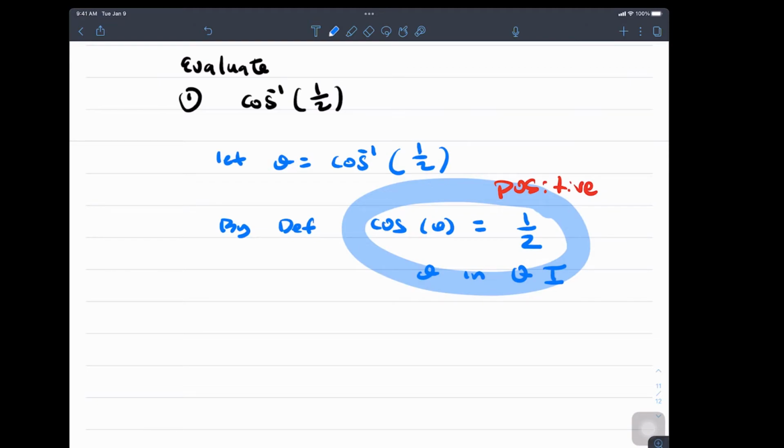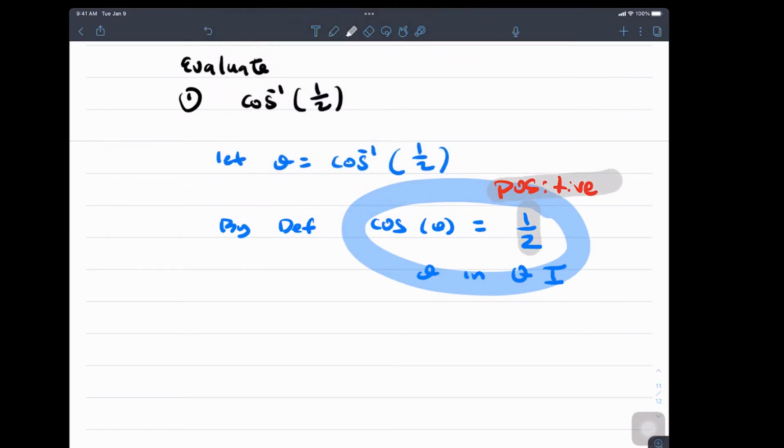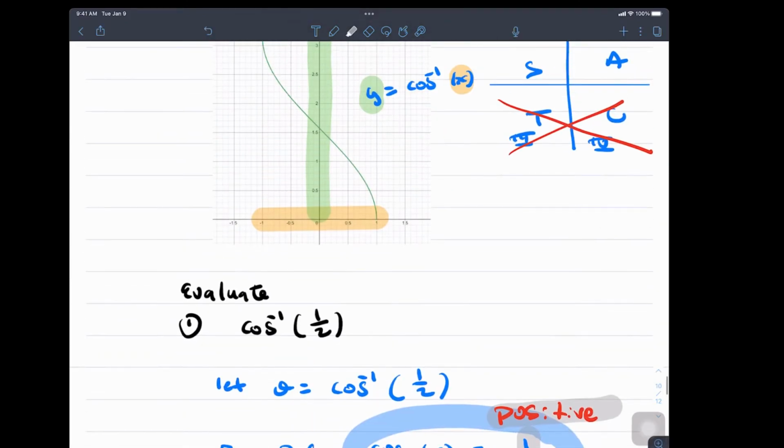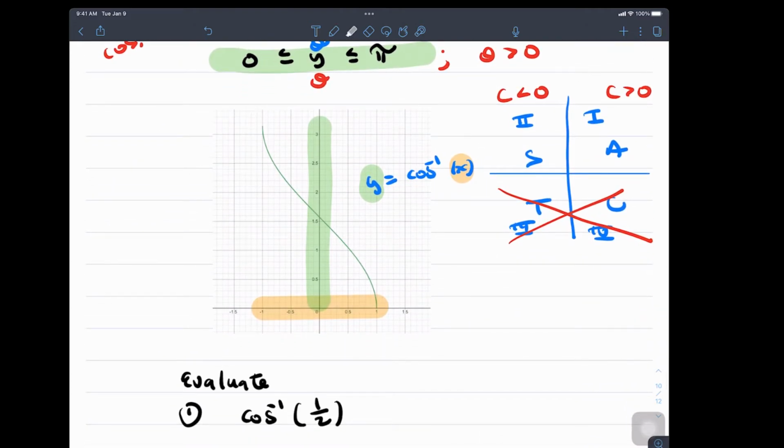Let's make a very big deal about this. Okay? Because this is the idea. So you say, why is it such a big deal? Because remember, all students take calculus. And when we restricted the domain, we threw out quadrant 3 and quadrant 4. Okay?